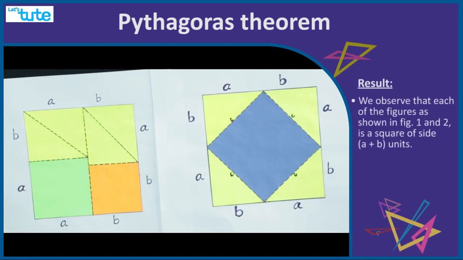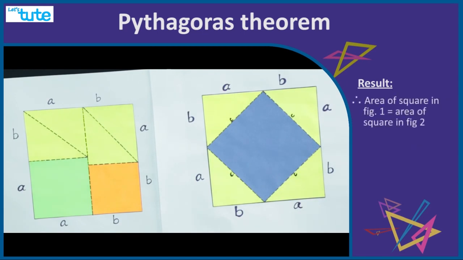So here, if you observe both the figures, you'll see that each is a square of side A plus B units. Therefore, we can say that area of square in figure 1 equals area of square in figure 2.